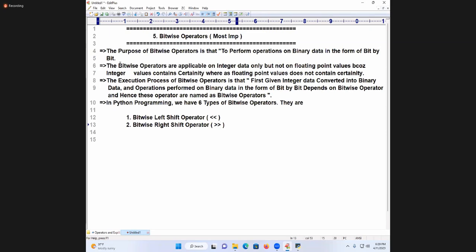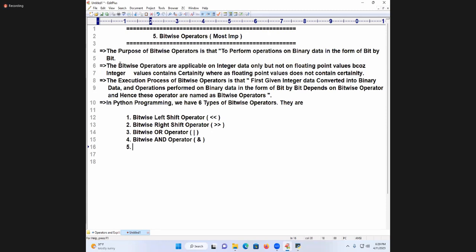Third one I'm going to take up is the bitwise OR operator. The symbol is called vertical slash. Fourth one is called what? Bitwise AND operator. Single ampersand it is.